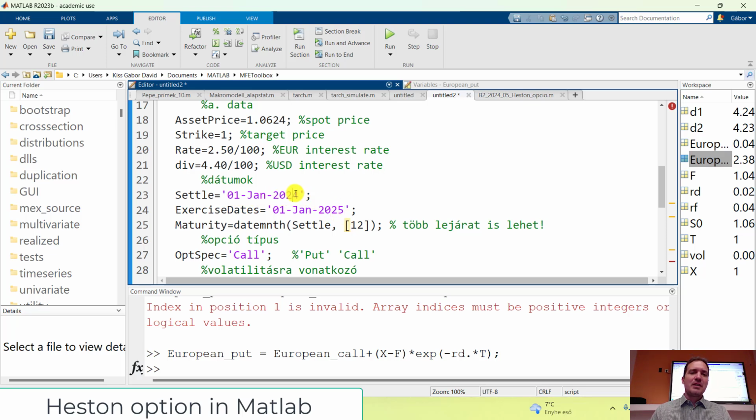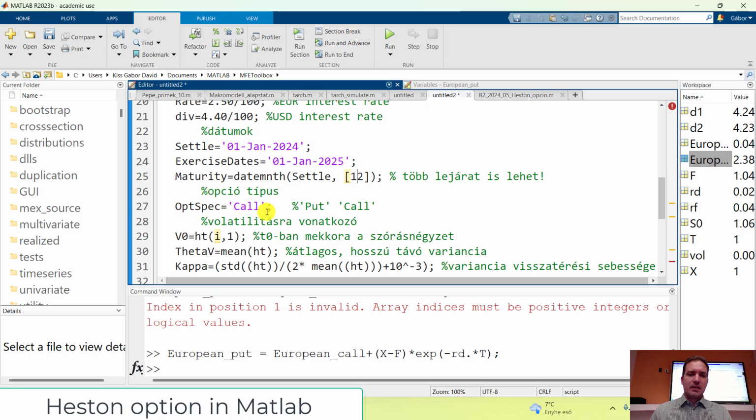We have to set the dates, but at the end of the day we just change the year and it's good enough. Okay, maturity is 1 year. It will be a put option.